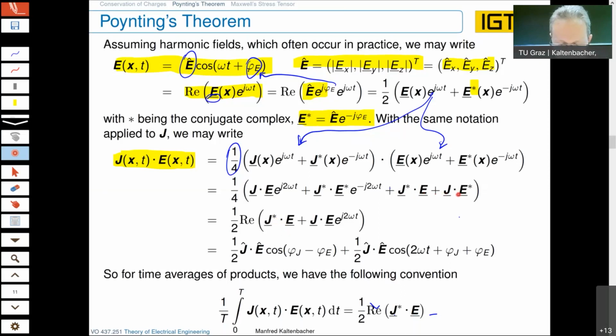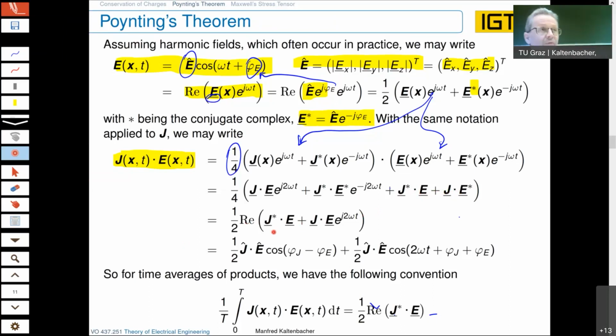And this gives us, if you write it down explicitly, you can combine it and get 2 times, because whether the exponent is plus or minus, when you take the real part, it's the same in the end. That is also why we can combine these 2 terms, because we take the real part.